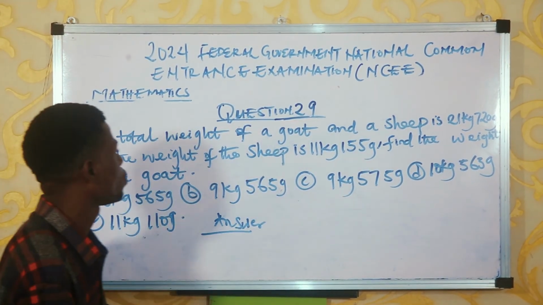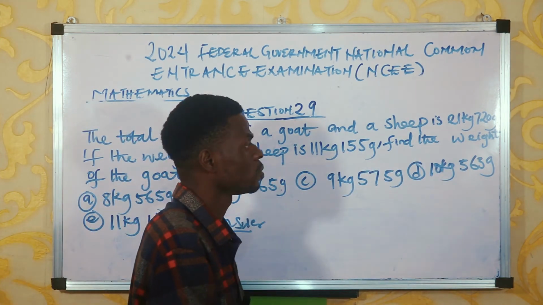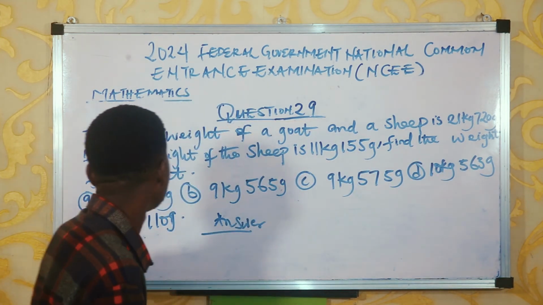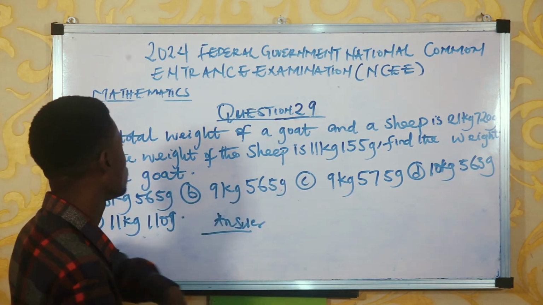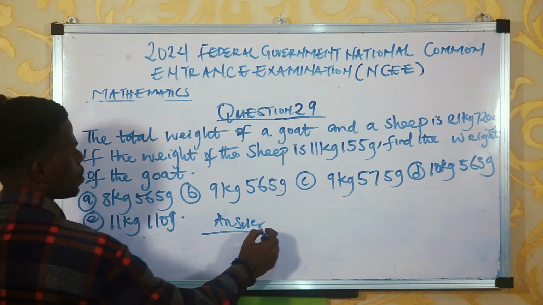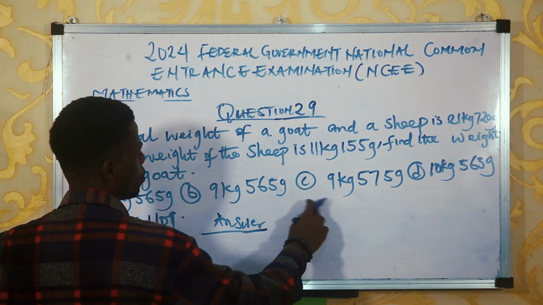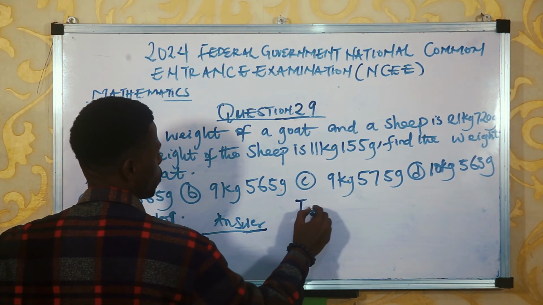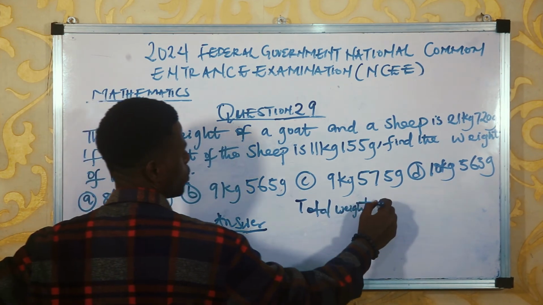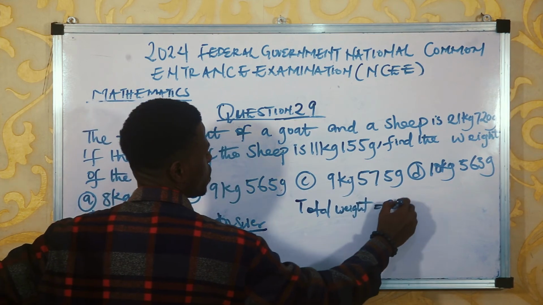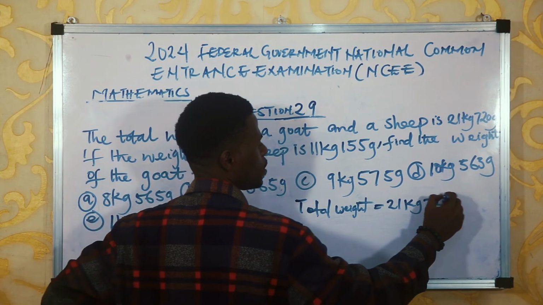Question 29 says: the total weight of a goat and a sheep is 21 kilogram, 720 gram. Now if the weight of the sheep is 11 kilogram, 155 gram, find the weight of the goat. So the weight of the goat is what we are finding, which is the unknown. The total weight of the goat and sheep is 21 kilogram, 720 gram.